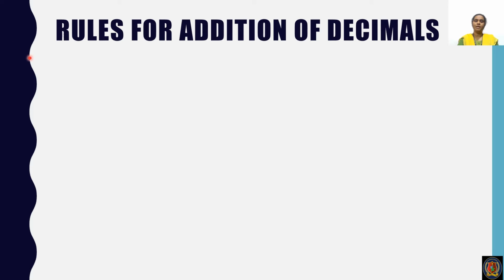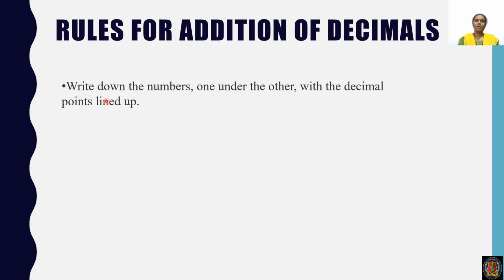First, let us see the addition operation and the rules for the addition of decimals. The first rule is to write down the numbers one under the other with the decimal points lined up. And we should add zeros to the numbers so they have the same length.